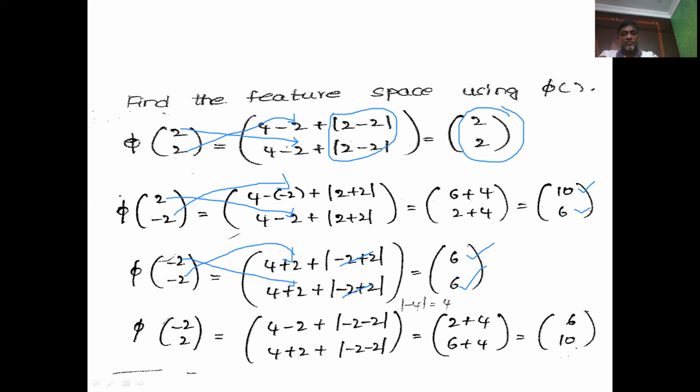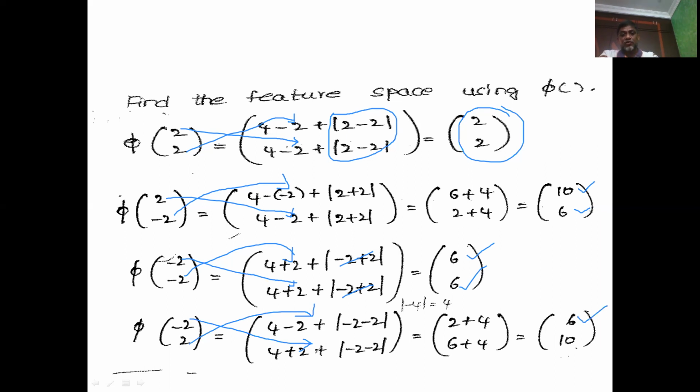And the last point, phi of minus 2 comma 2, is converted using the same formula. It comes over here, and this goes up. 4 minus 2 plus minus 2 minus 2, it's going to be minus 4, and this becomes 2 minus 4. 4 minus 2 is 2 plus the absolute value of minus 4, that is going to be 4. 2 plus 4, so it is 6.